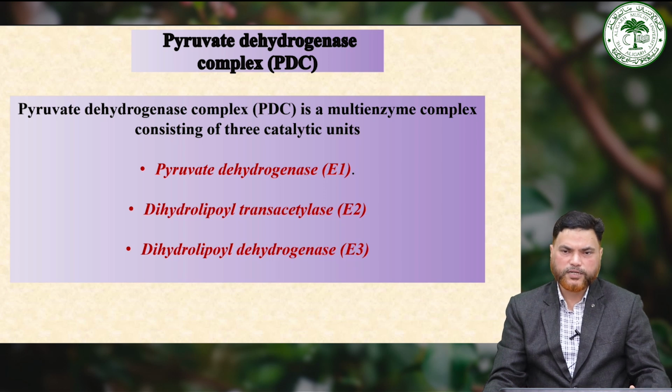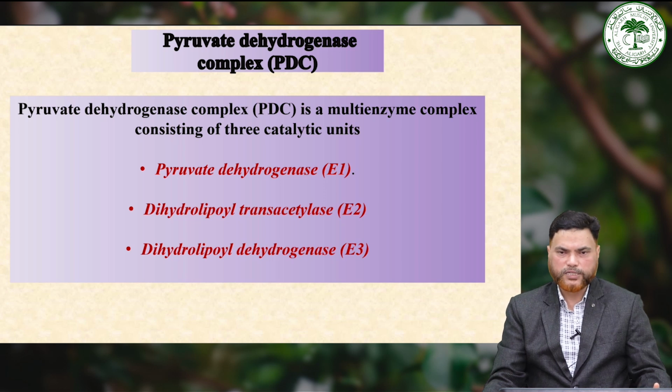In the fourth step, dihydrolipoyl dehydrogenase, that is E3, facilitates the transfer of 2 hydrogen atoms from the reduced lipoyl groups of E2 to the FAD prosthetic group of E3, restoring the oxidized form of the lipoyl group of E2.